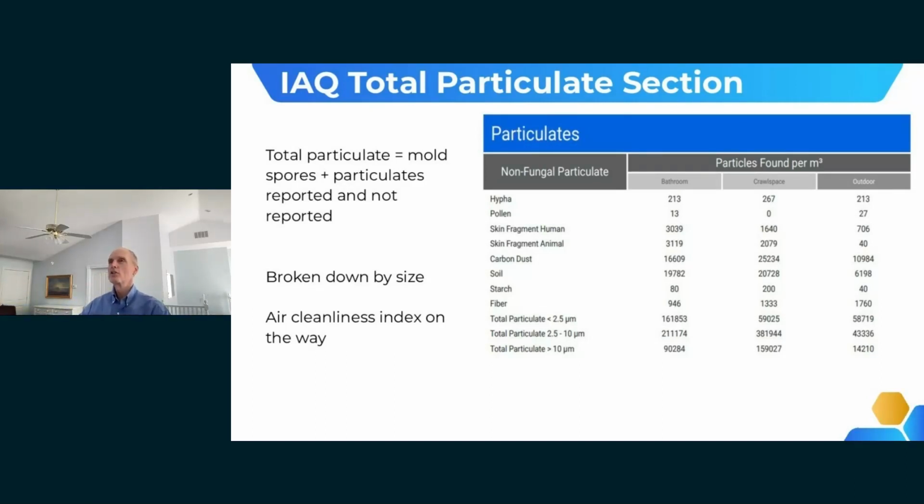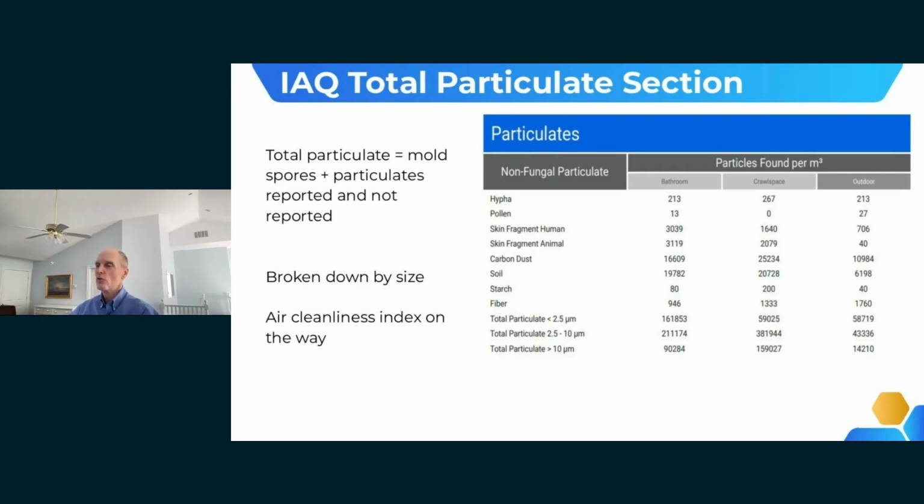You want the conditions when you're doing the test to be living conditions, and you want to put the air sample cassette in the breathing zone of where you're taking that. So if you're in a home that hasn't had anybody in it for weeks or a month, things will settle out of the air. So you want to make sure that when you do the test, it would be equivalent to somebody living there and just doing regular life activities in that area.